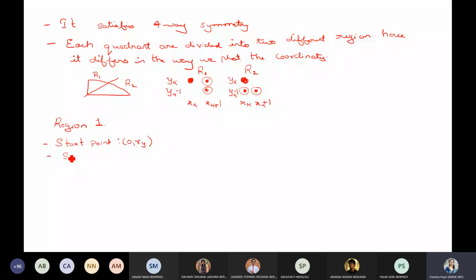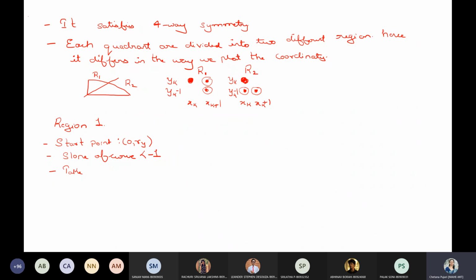And the slope of your curve in this region will be less than minus 1. And here, take unit step in positive x, like x will be incremented.